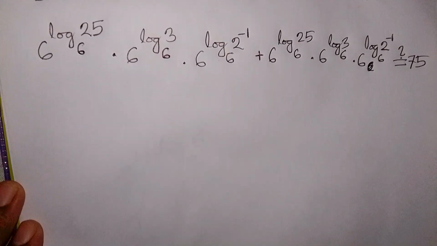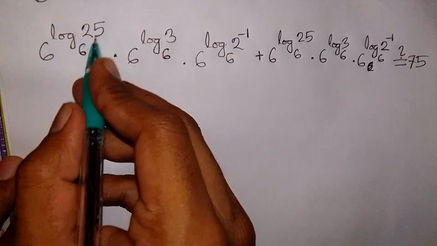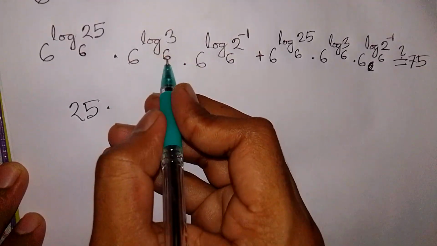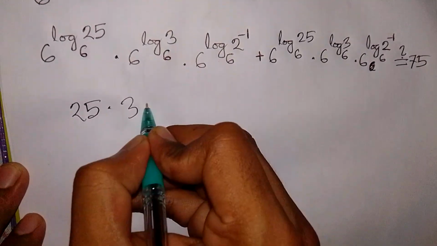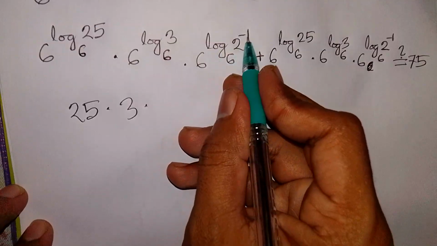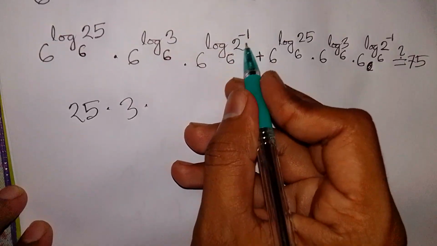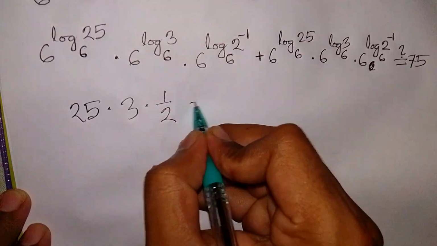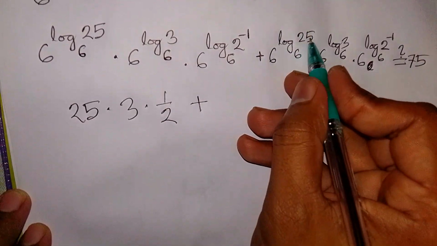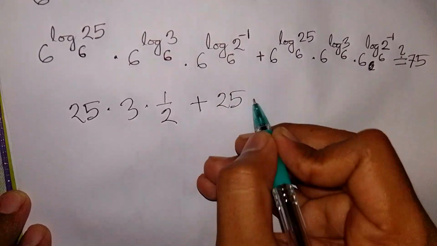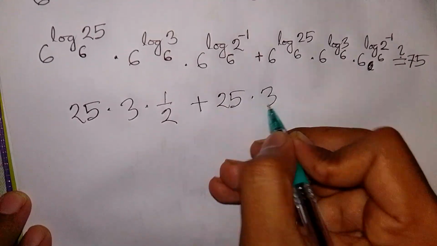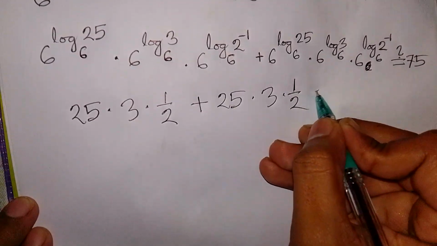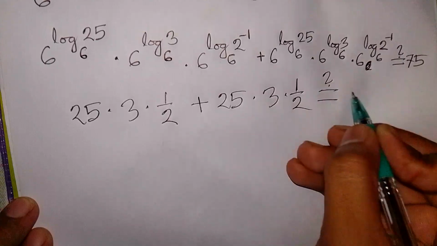Now 6 to the power log 25 base 6 is the same as 25, times 6 to the power log 3 base 6, which is the same as 3, times 6 to the power log 2 power negative 1 base 6, which is the same as 2 power negative 1. So 2 power negative 1 is the same as 1 by 2. Then here plus it will be 25 times 3 times 2 power negative 1, which is 1 by 2. Is it equal to 75?